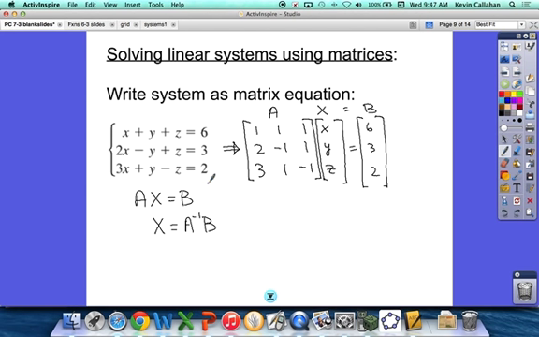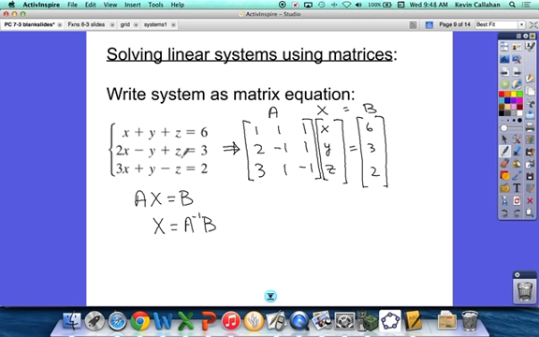Now remember how matrix multiplication works. The question is always, why would you define matrix multiplication like that? Because it allows us to do this kind of thing. If I multiply A and X together, I go across the row and down the column. I would have 1x plus 1y plus 1z equals 6. That's this line. For the second row, first column, 2x minus y plus z.